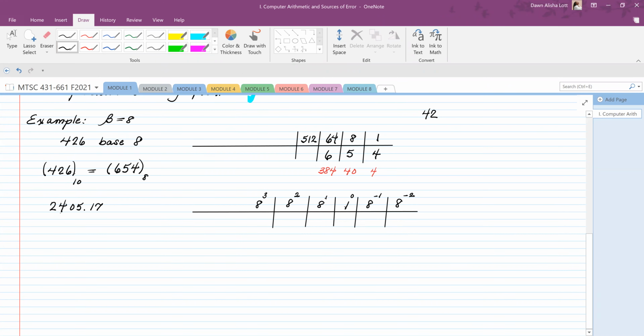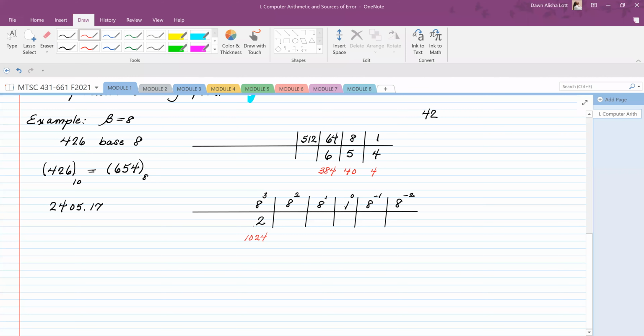Okay. So 2,405. That's actually going to require 2 512s. So 2 512s is equal to, so this piece gives you the 1,024.